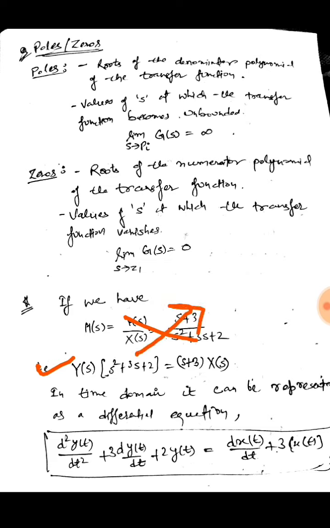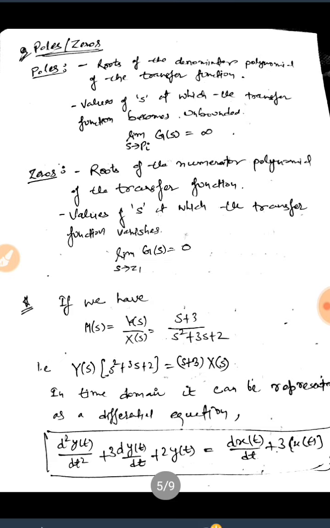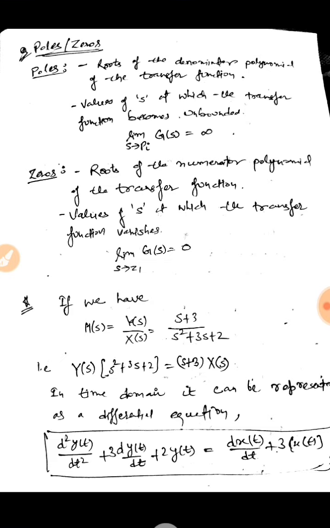So if I want to convert it into a differential equation, then I can take the inverse Laplace transform. So s square Y(s) would become the second order differential, d square y(t) by dt square.